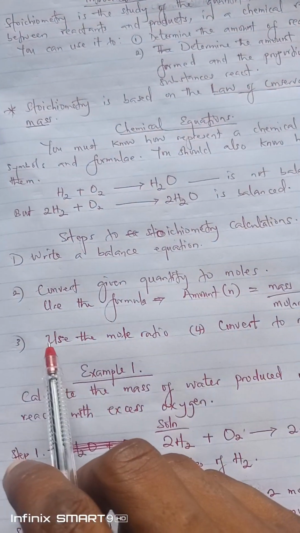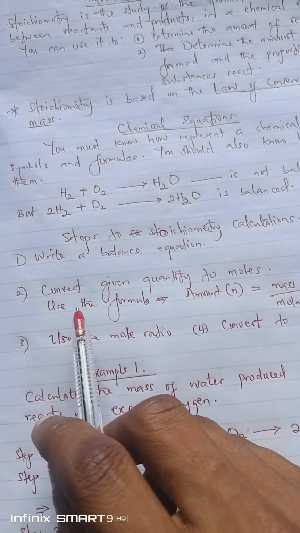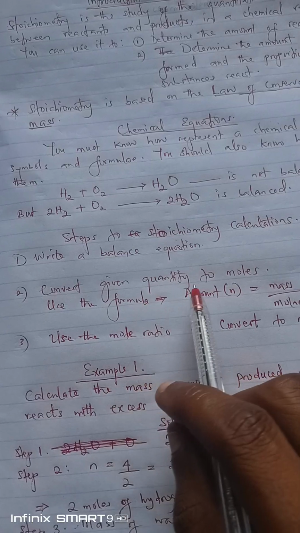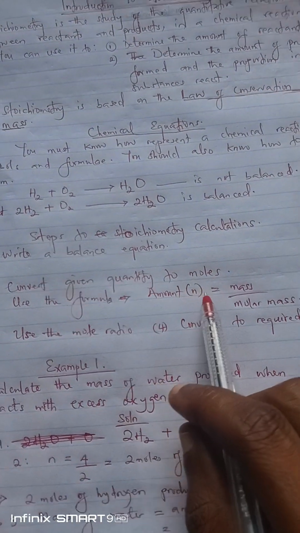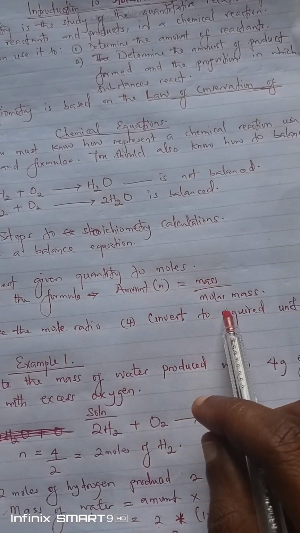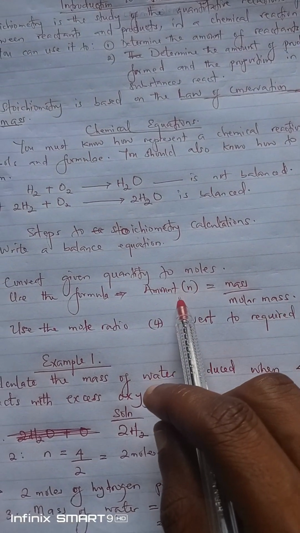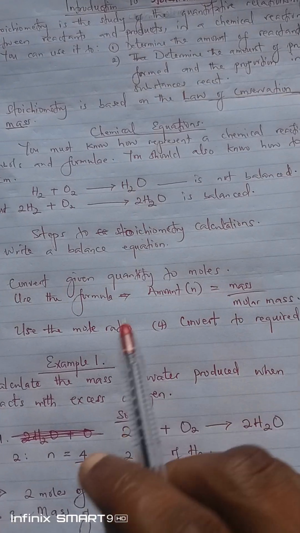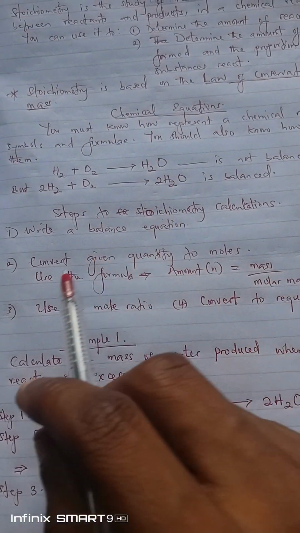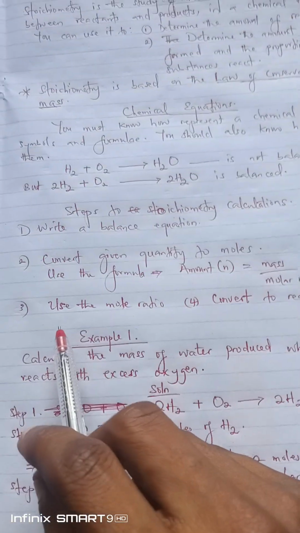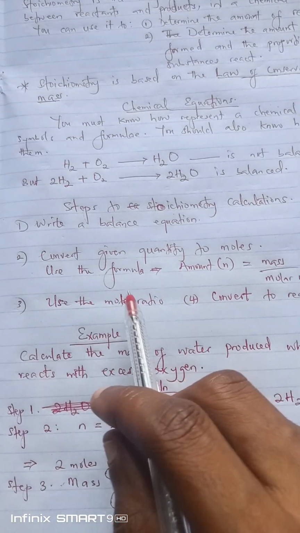The simple formula for conversion is this: amount in mole is equal to the mass over the molar mass. Amount in mole is mass all over what? Molar mass. So that is how to convert from mass to amount. Then number three, you are going to use the mole ratio.